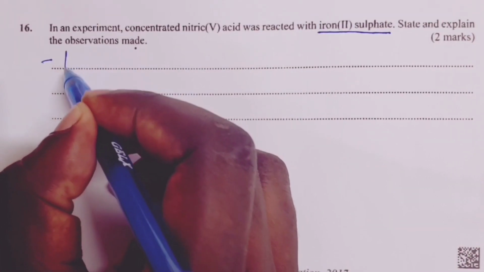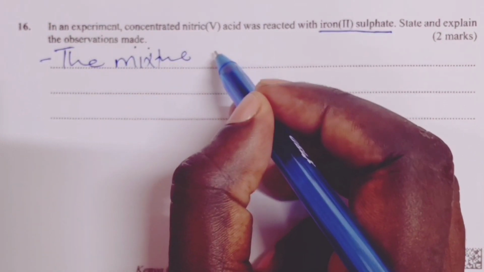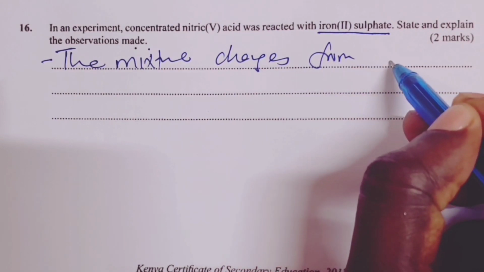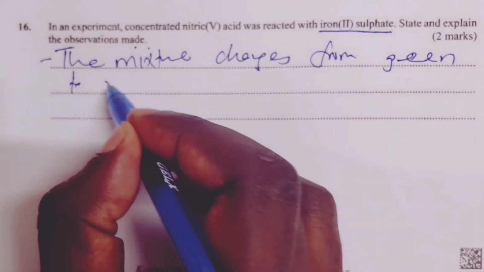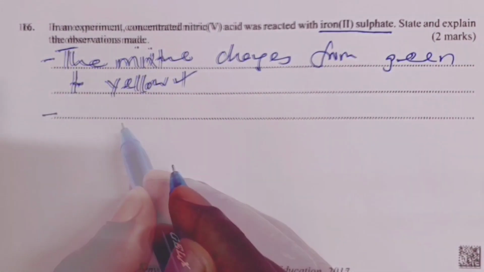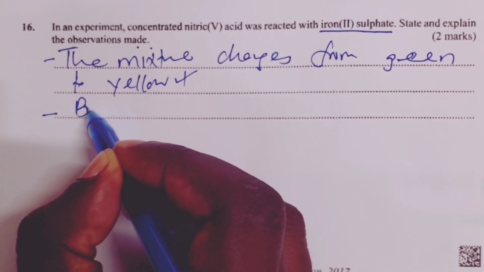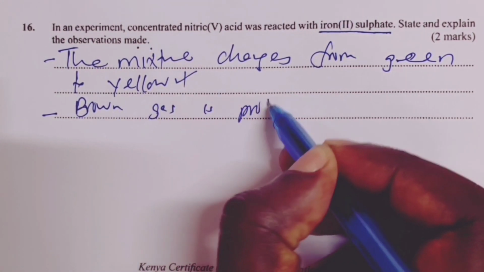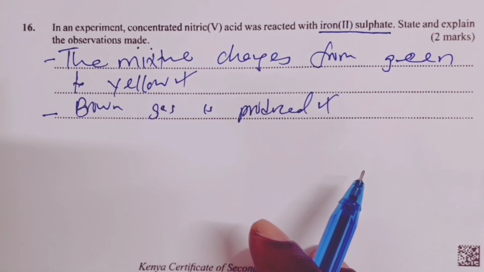So the observation would be that the mixture changes from green, which is iron 2 sulfate, to yellow, which is iron 3 sulfate, for the first half mark. The other observation would be that brown gas is produced for the next half mark.